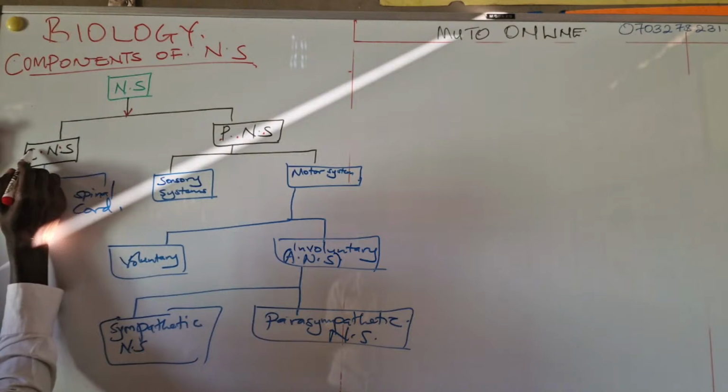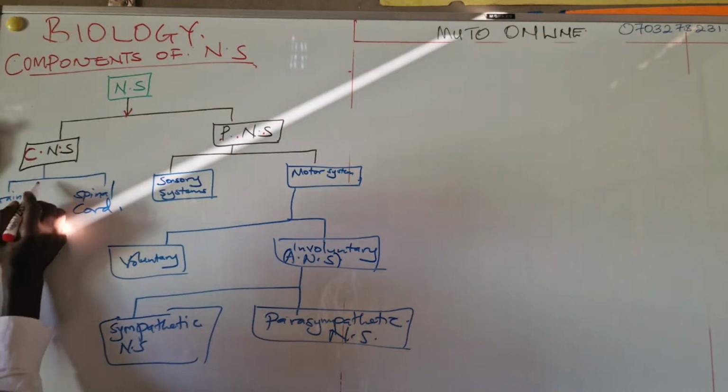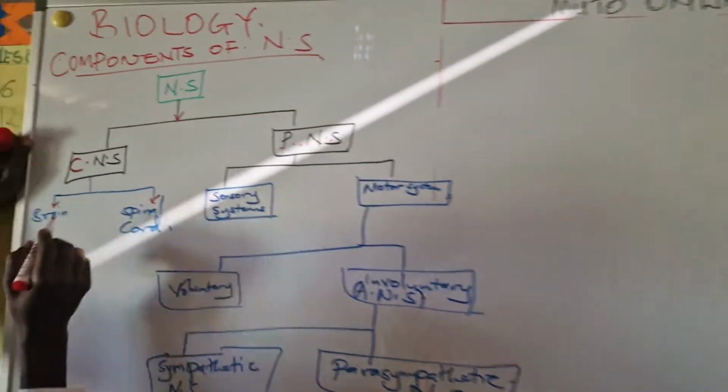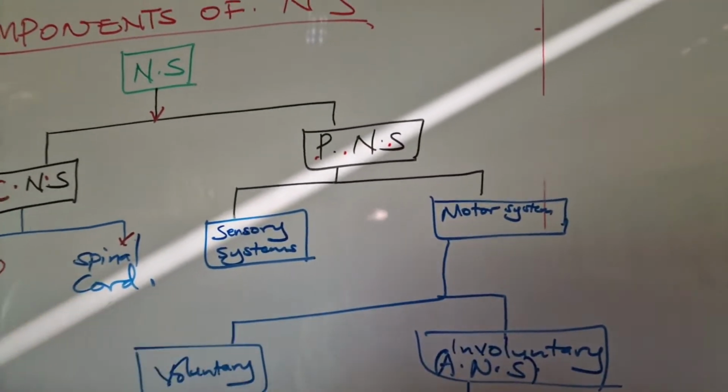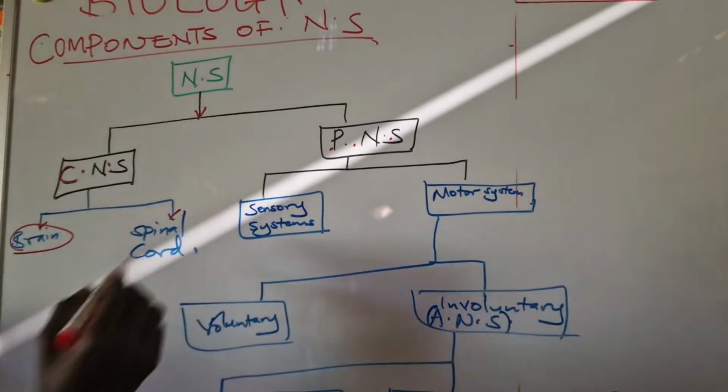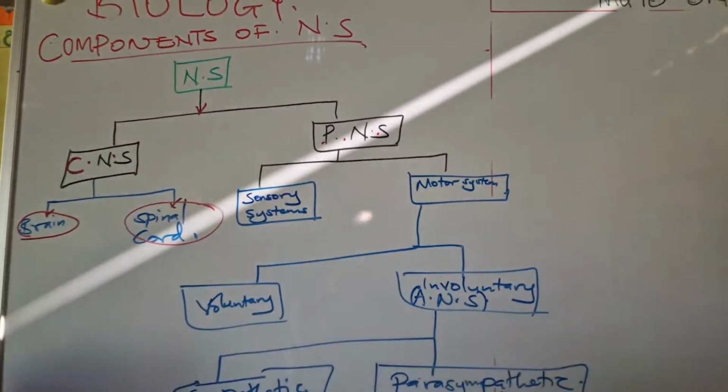The central nervous system, I'm going to look at its details. It comprises the brain and the spinal cord. That is the central nervous system.